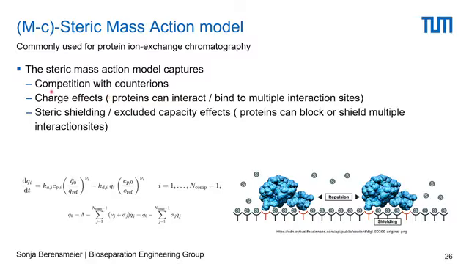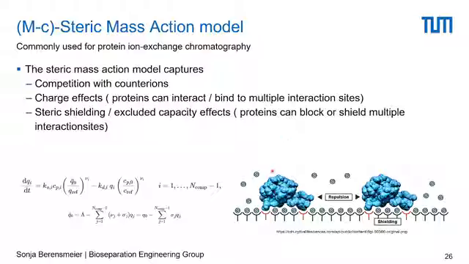This means that proteins can interact not only with one surface binding spot, but with multiple. This is also visualized in the graphic on the bottom right. You can see that these proteins interact with multiple binding spots at the same time. And this model also takes into account steric shielding. So this means that proteins, with their size and their form, can block or shield multiple interaction sites.